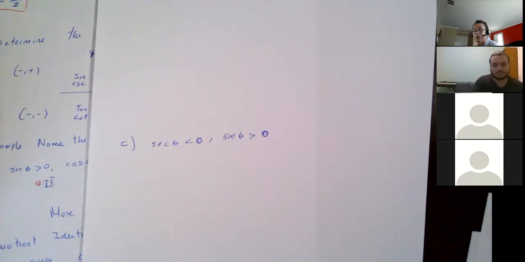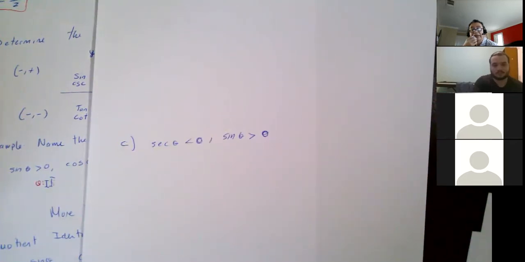Well, okay, so I'll wait for you guys. All right, so the sine of theta is positive. Well, it's either quadrant 1 or 2.